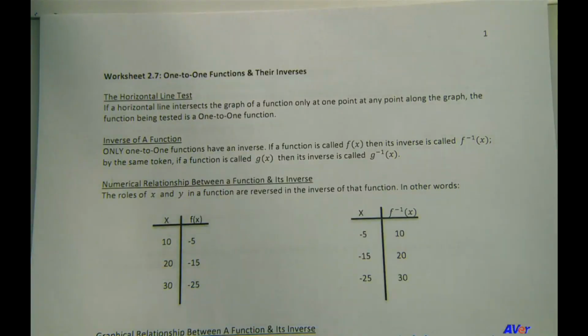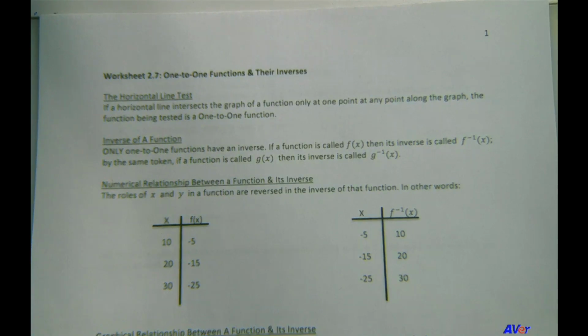Okay. Now, we mentioned one-to-one functions, and only one-to-one functions have an inverse. There is a numerical test for that, which we wouldn't need to do in this course, but there is also a graphical test for investigating one-to-one functions that is much easier, much quicker, and much more useful in this course as well as trigonometry, which would be Math 127.